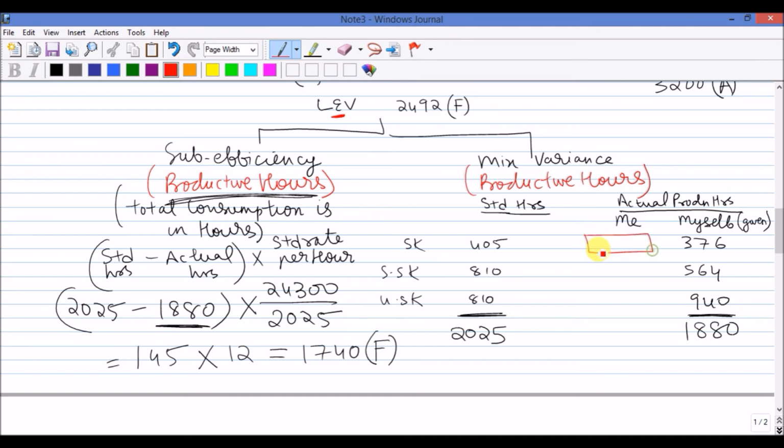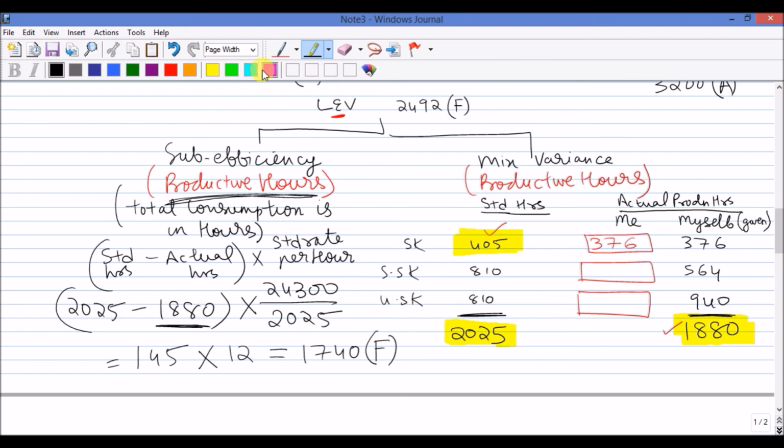We have to find me, so I'm highlighting it. Don't try to do this without looking at lecture 1. So 405 I will multiply by 1880 and divide by 2025. I'm going to get 376. Again the same thing.